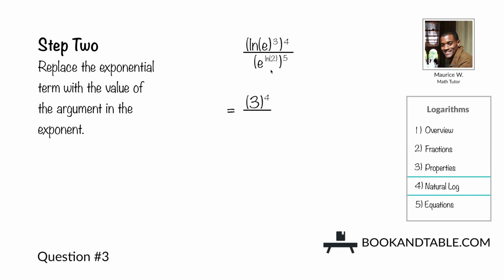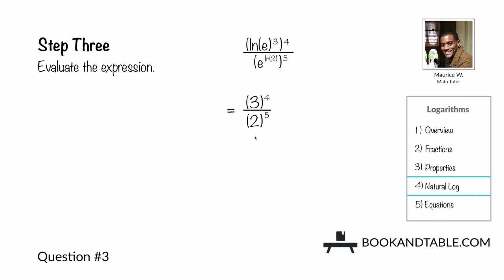And now in the denominator, we want to replace the exponential term here with the value of the argument in the exponent, which is 2. So we wind up with 2 to a power of 5 in the denominator. And now we can evaluate this expression. So we get 3 to a power of 4 in the numerator, which gives us 81, and 2 to a power of 5, which is 32 in the denominator. So the answer to question number 3 is 81 over 32.